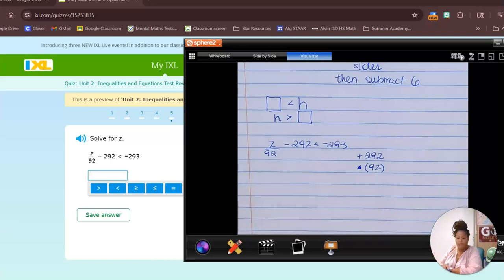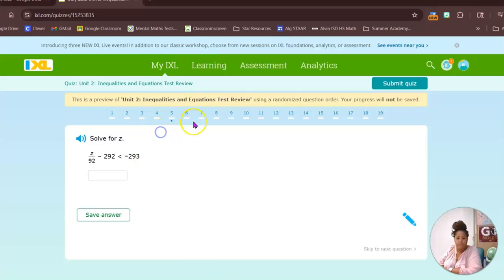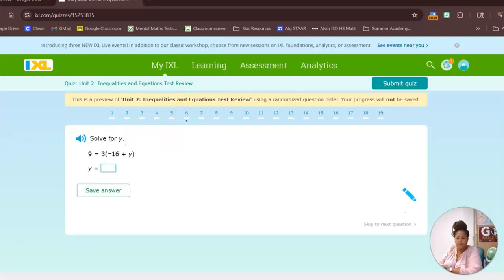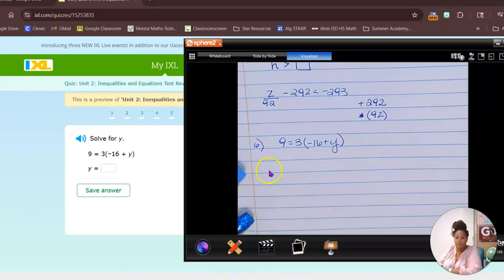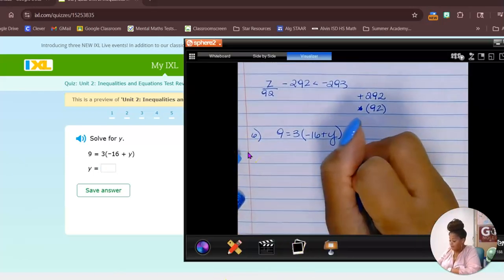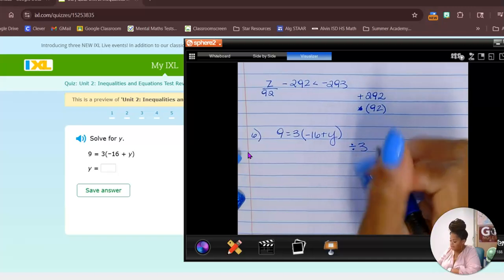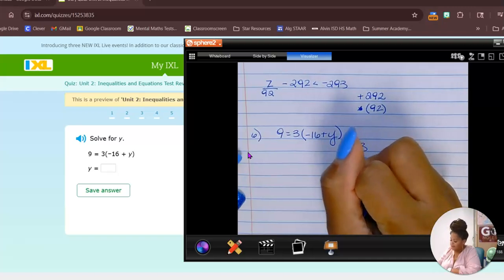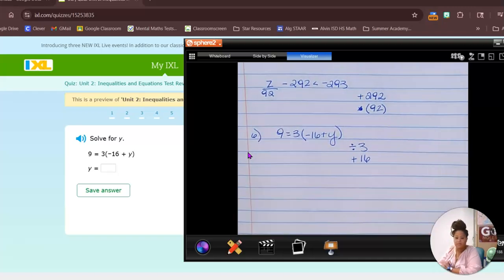And then that'll be it. Number 6, solve for y. So 9 equals 3 times the sum of negative 16 and y. So again, I would divide by 3 on both sides, then add 16 to both sides.